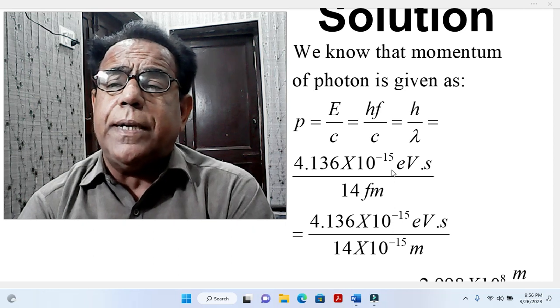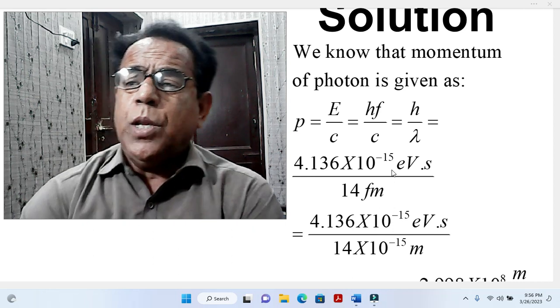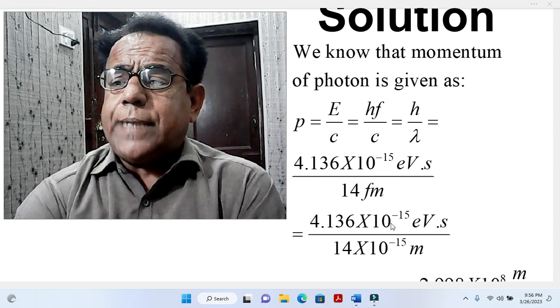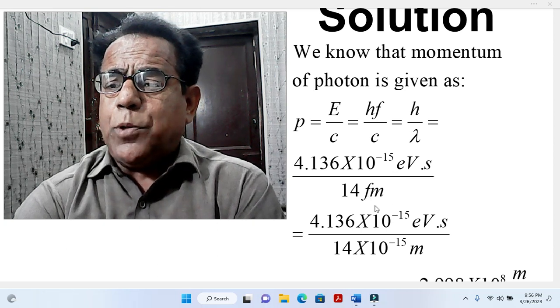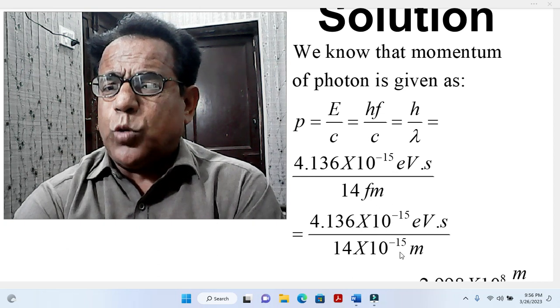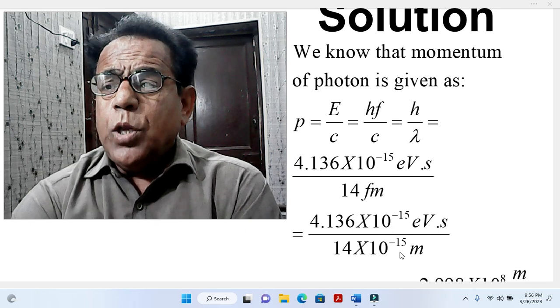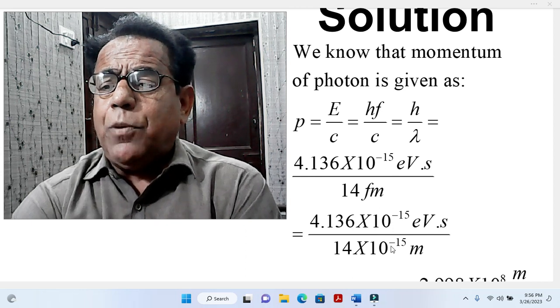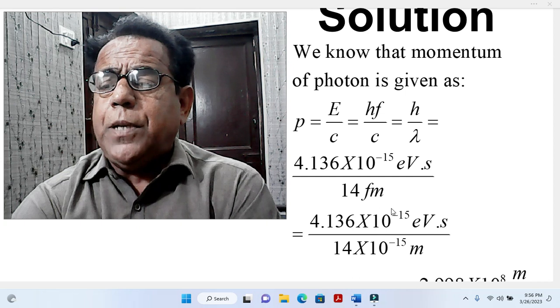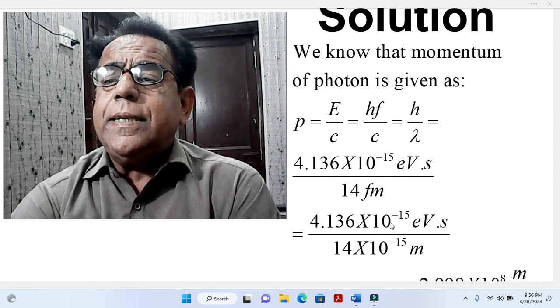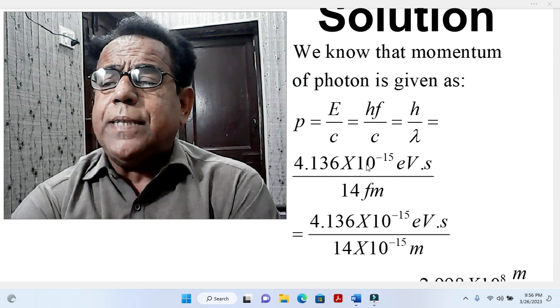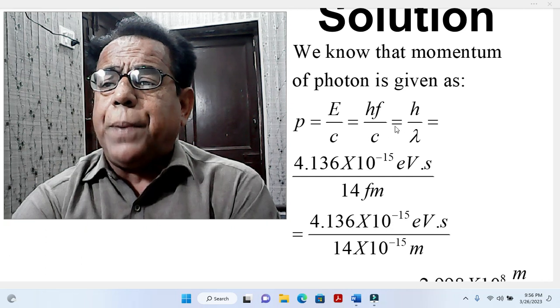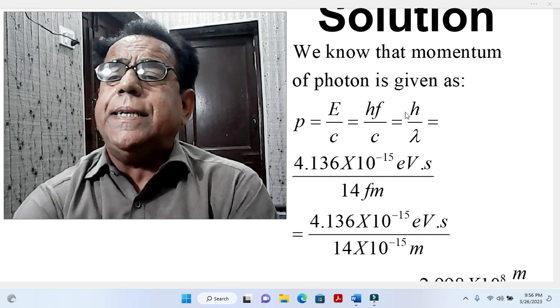Femto stands for 10 raised to the power minus 15. So in the next step, we have converted femto into 10 to the power minus 15. This 10 to the power minus 15 will be cancelled with the 10 to the power minus 15, which is a part of the value of Planck's constant h given in the table.